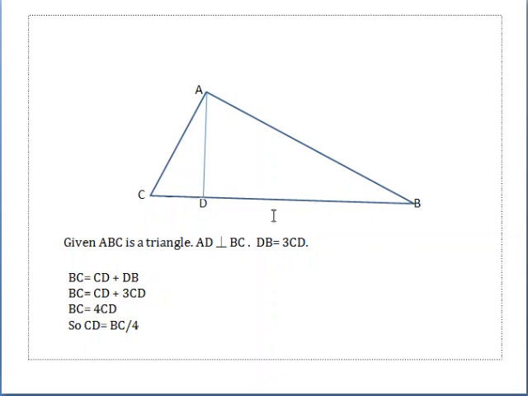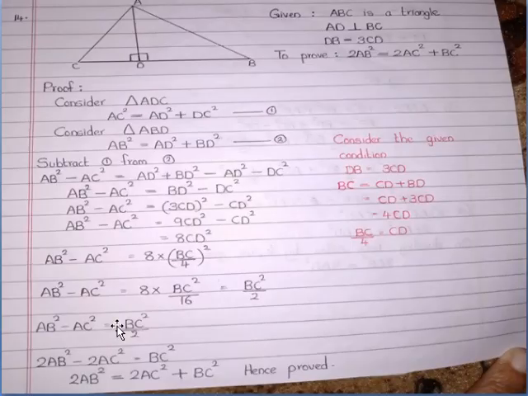Now you have the given condition that DB is equal to 3CD. So this is CD and this length is 3CD. So I will write it as 4CD. So BC is equal to 4CD. So I can write CD is equal to BC by 4. This statement is used in your question.